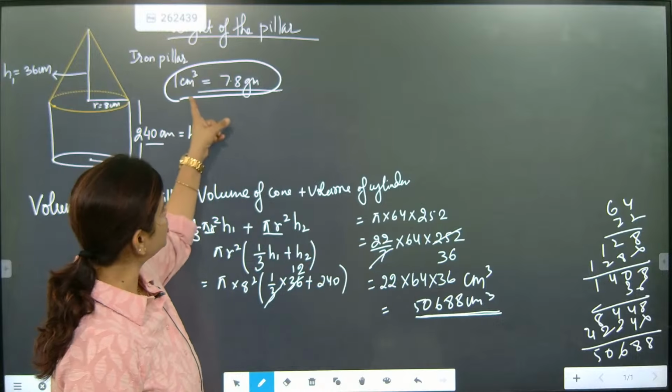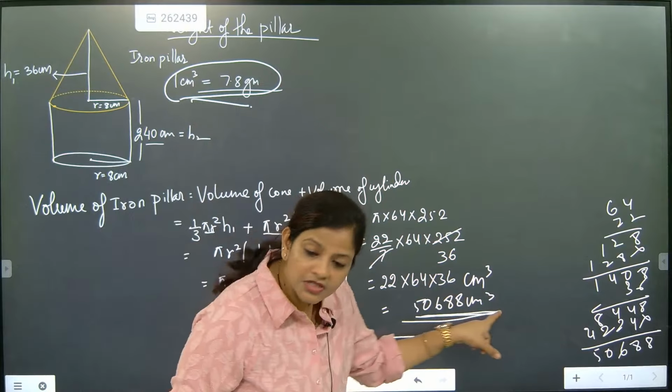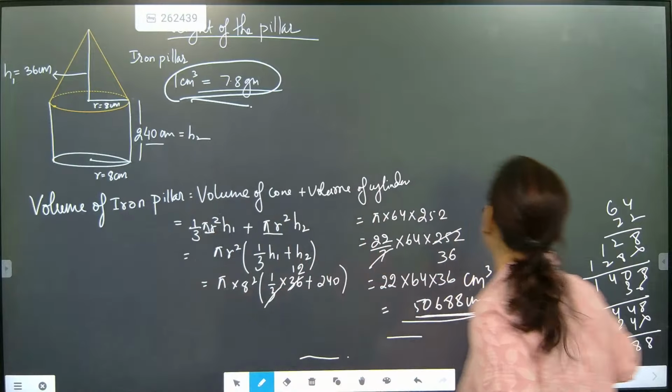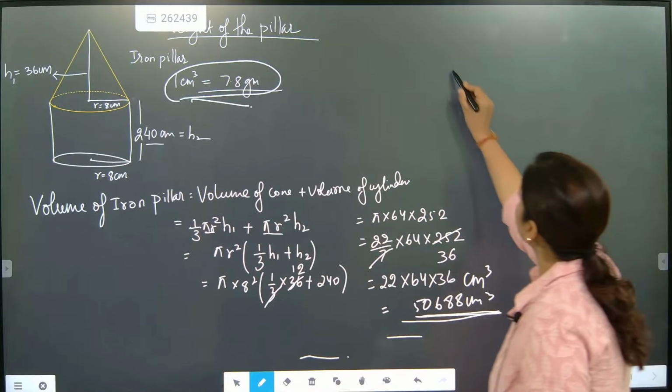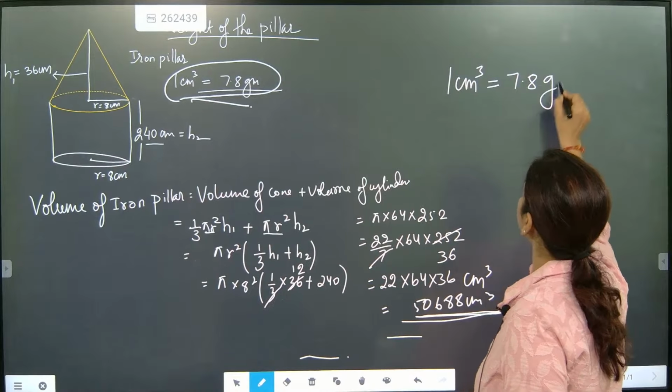Same way, 1 cubic centimeter weight is 7.8 gram, then this much centimeter cube means we will directly multiply. So we will say that 1 cubic centimeter is 7.8 gram.